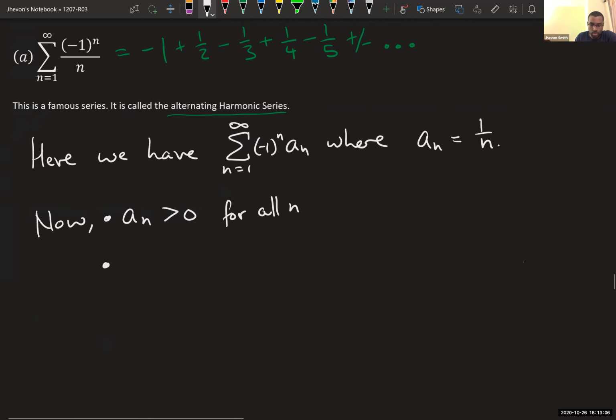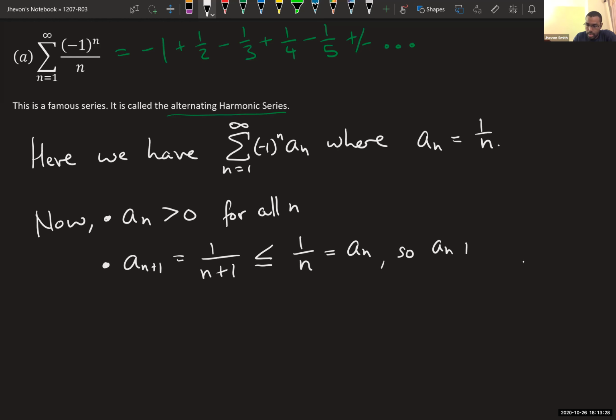Second, An plus 1, well, that's just 1 over n plus 1. That is actually smaller than or equal to 1 over n, which is An. So An is decreasing. Right? At this point, that's a pretty obvious one. 1 over n plus 1 is less than or equal to 1 over n because the denominator on the left is larger.